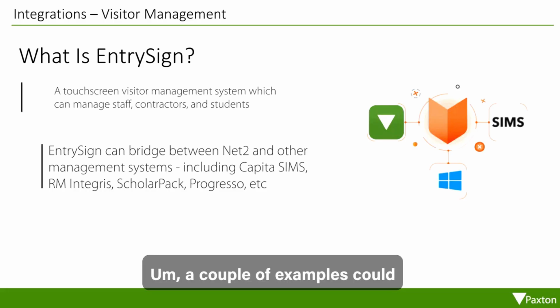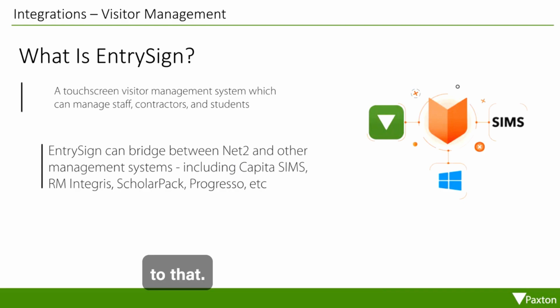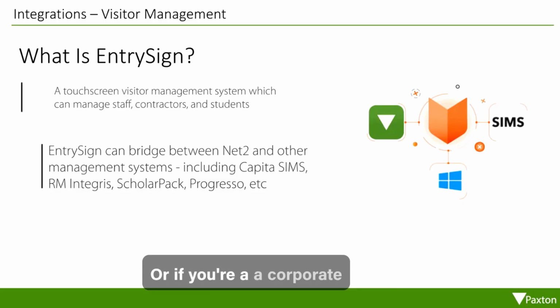A couple of examples could be for a school, if you've got a SIMs system to manage your student records, the entry sign system can actually integrate to that. Or if you're a corporate company, for example, you might well manage your staff permissions on Active Directory, which this can also integrate to.